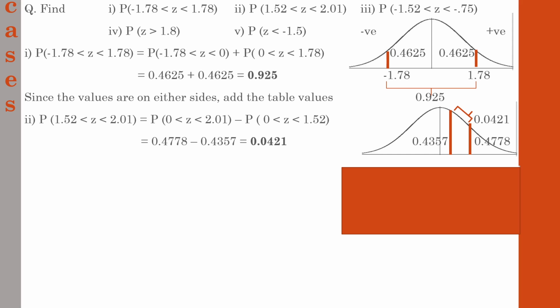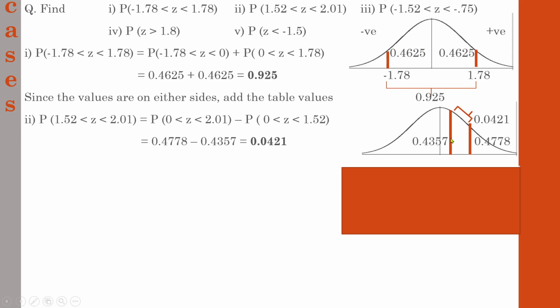You are asked to find the area between two values. In the earlier case our two values are on both sides of the graph, so in order to find the area in between, just add the values. From 0 to a positive value is represented as 0.4625, and from 0 to here is also 0.4625. We just add them together.